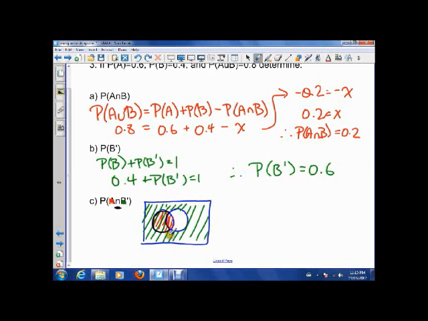So what that means is that A intersect B prime from the Venn diagram is actually all of A take away the intersection.